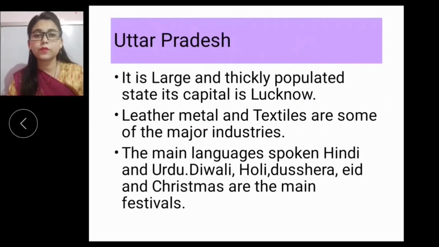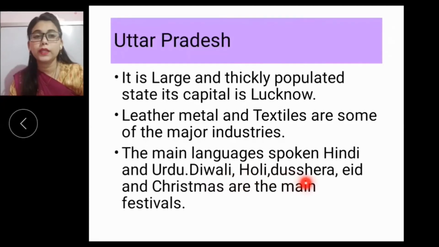Now let's come to the next state, Uttar Pradesh. It is a large and thickly populated state and its capital is Lucknow. Leather, metal and textiles are some of the major industries of Uttar Pradesh. The main languages spoken are Hindi and Urdu.